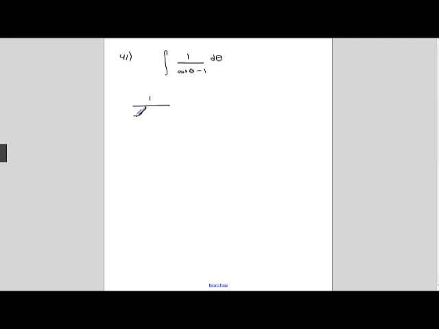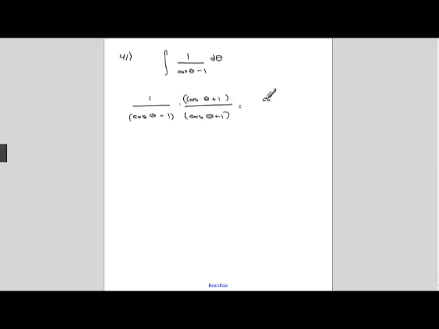So if we take 1 over cosine of theta minus 1 multiplied by the Pythagorean conjugate, that means we add 1. So this is subtracting 1. We do this to both the numerator and the denominator.